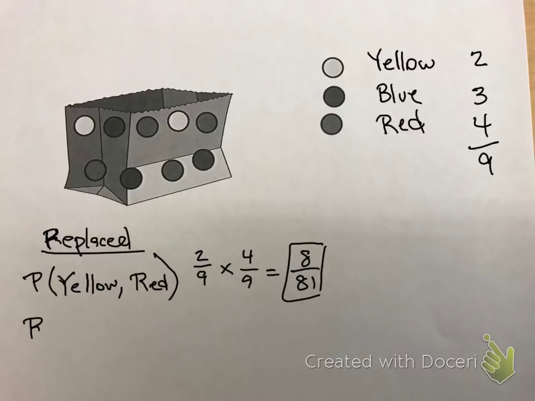Probability of us choosing a blue then a yellow. So just to clarify, we're picking one marble at random out of the bag, putting it back, and then we're picking another marble out of the bag at random. That's the replacing. So choosing a blue would be 3 out of 9.